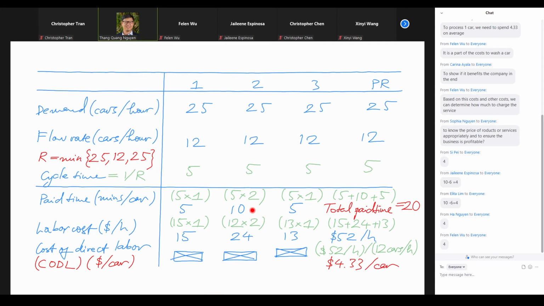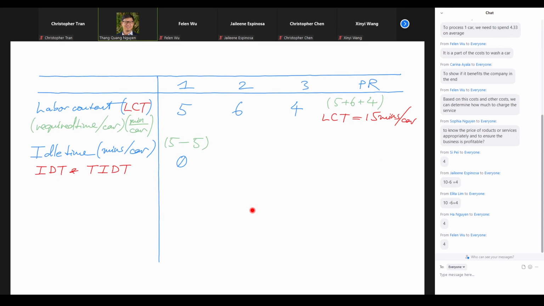But by the nature of the rinse activity, it requires only 6 minutes of work. So definitely we take 10 minutes paid time minus 6 minutes actual work time, right? Then we would have the idle time of 4 minutes at station 2 per car.